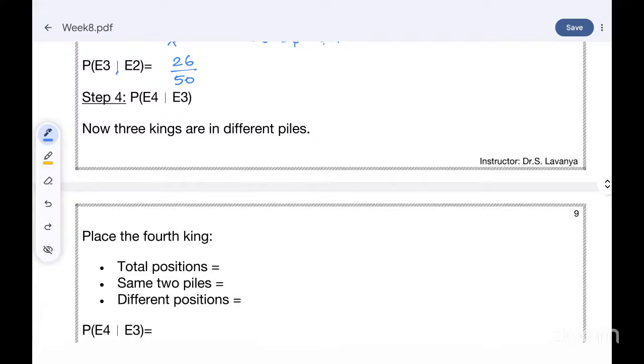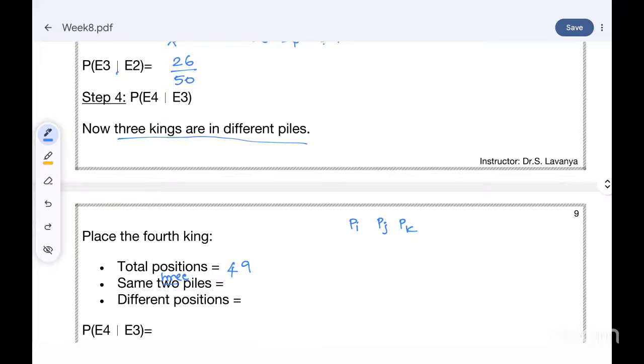What is the total number of positions? Already three kings are placed, so 49. Very good. Now, not two, but the same three piles: let's say Pi, Pj and Pk.